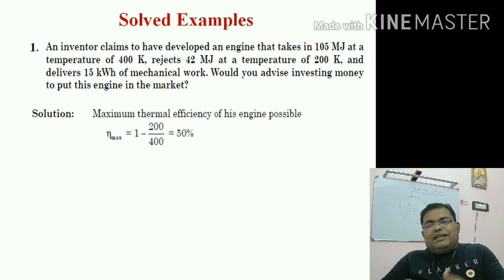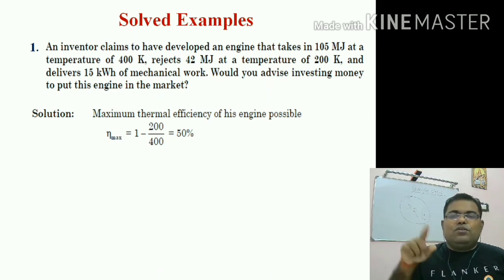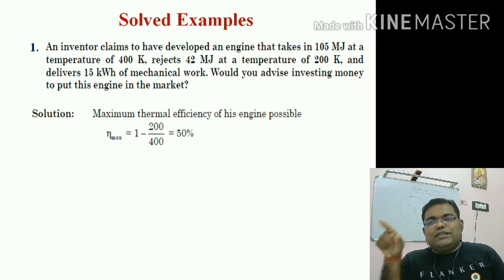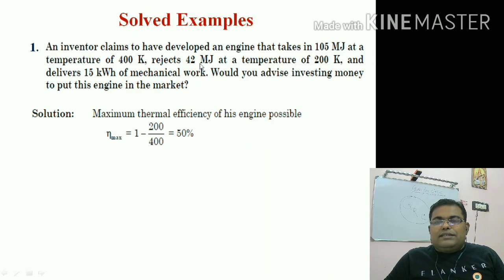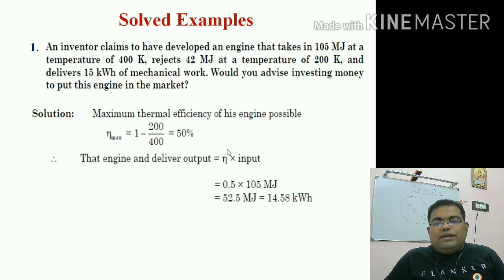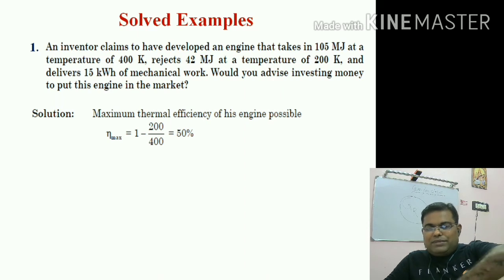Now let's see the claim of this fellow. We can write thermal efficiency is equal to 1 minus Q2 by Q1, where Q2 is the heat rejected and Q1 is the heat supplied, and both are given here. Heat rejected is 42 megajoule and heat supplied is 105 megajoule. But first, let's see the maximum possible work that can be generated.